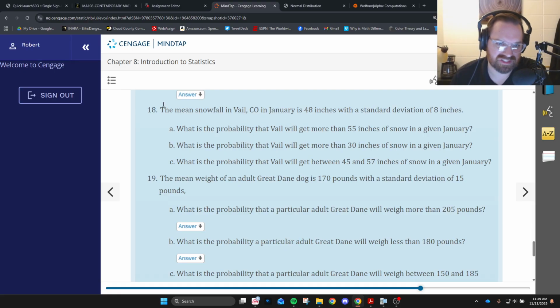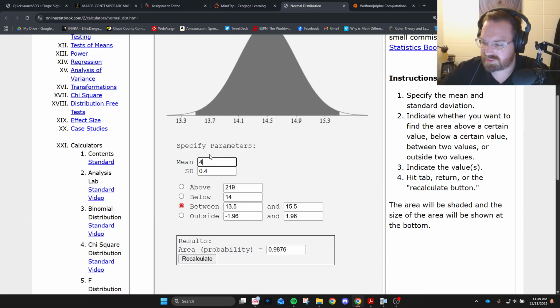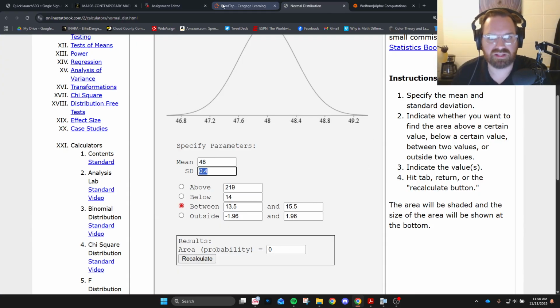That is crucial. This is kind of a big issue with this question. If they just give you these two numbers but don't tell you how the data is distributed, it's kind of bad. But because we're in the normal distribution section, 8.4, we'll just assume it's normal distribution.